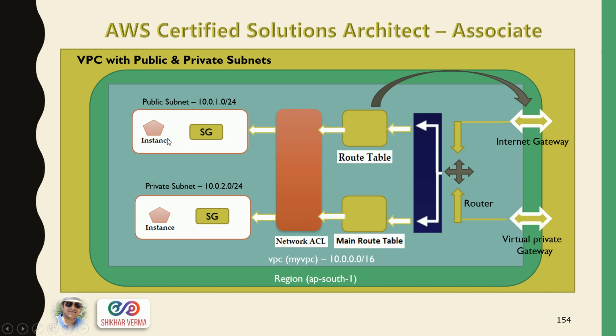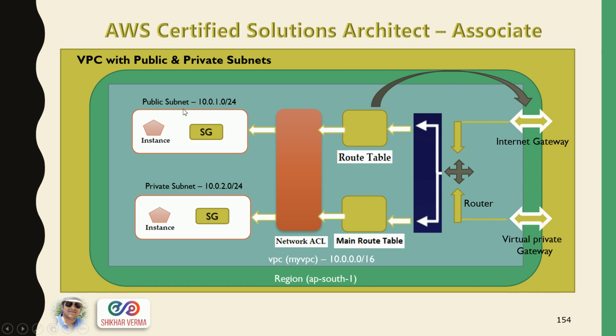And to access the instances in the public subnet, you can use internet connectivity. If anybody has internet connectivity, they can access these instances, because these instances will have a public IP as well. So you need to enable the public IP, and with the help of the public IP, you can access them. Another way to access the private subnet is that you can access the instances of your public subnet first from the internet. Suppose you are sitting in some corporate network and you have access to this public subnet because it is in the public network.